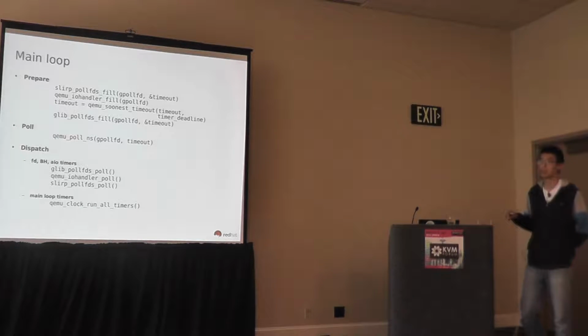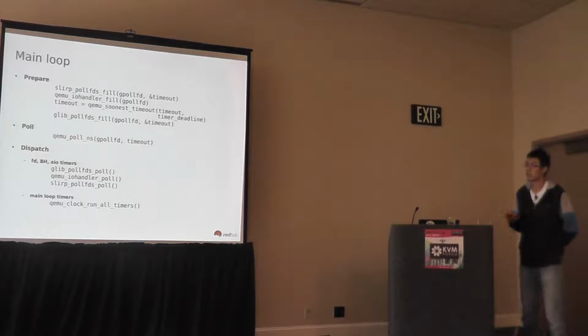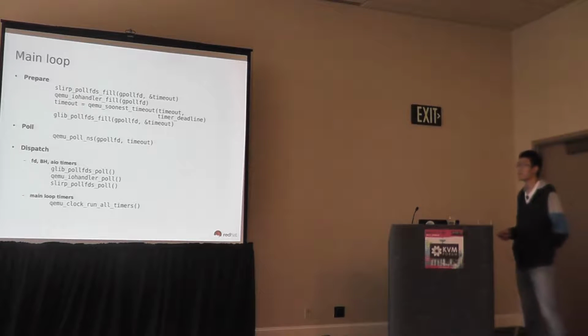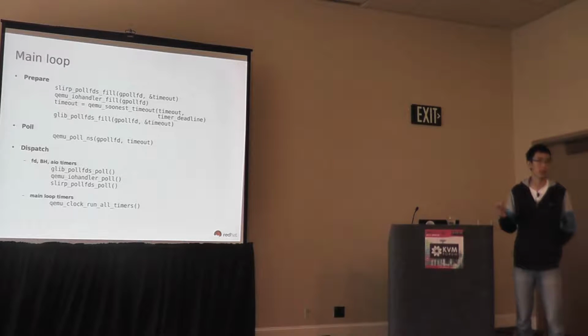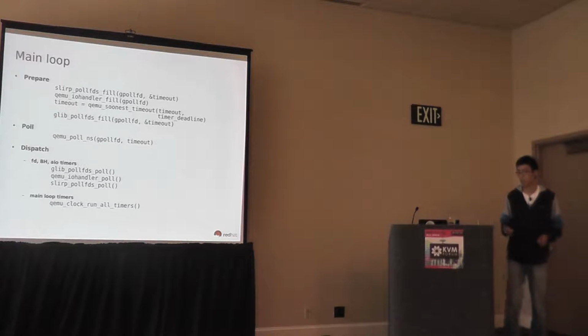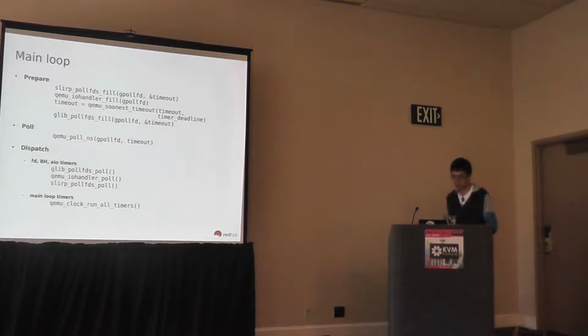By users, I mean the calling code of each. For example, in the Slurp code, the dispatch would be reading or writing the Slurp packets. The last step is to dispatch all the timers. All the timers are maintained in a list, and this function will work through the list of timers and see which timers in there have expired.